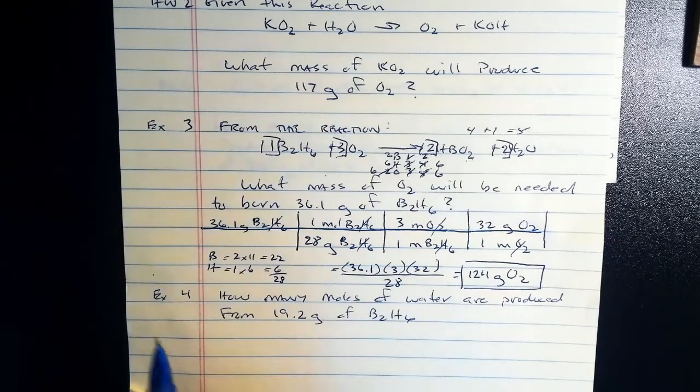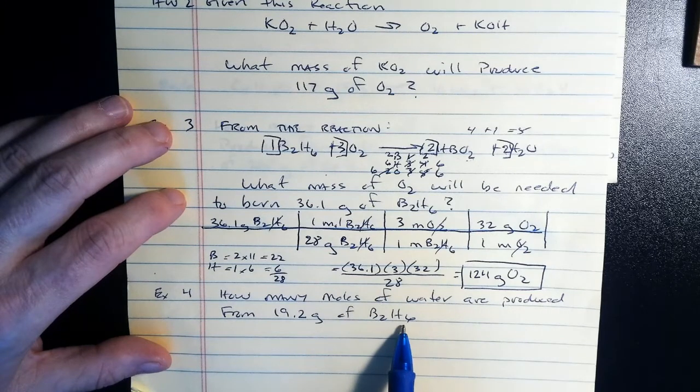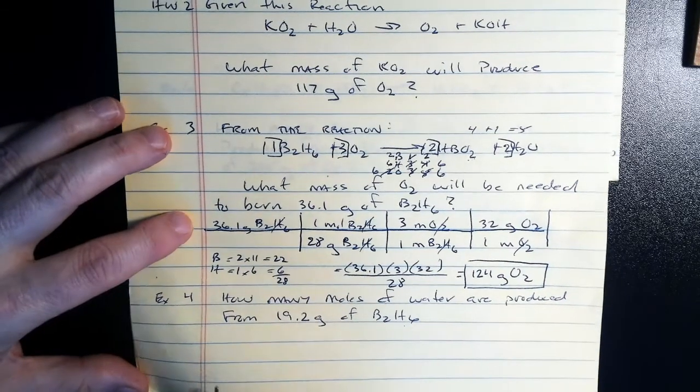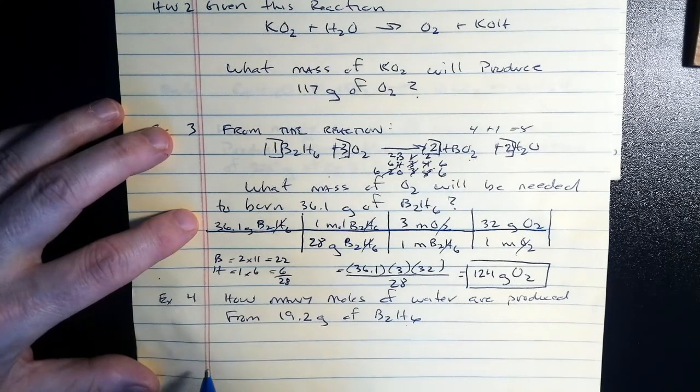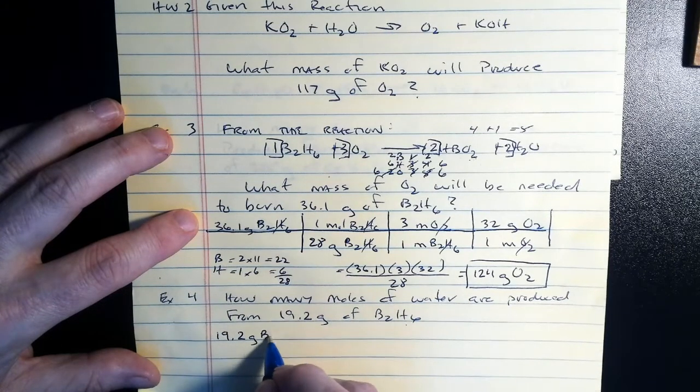Let's look at example 4 here under mass. How many moles of water are produced using the same balanced equation from 19.2 grams of B2H6? So let's do this. So again, I did not leave myself much room. 19.2 grams B2H6.